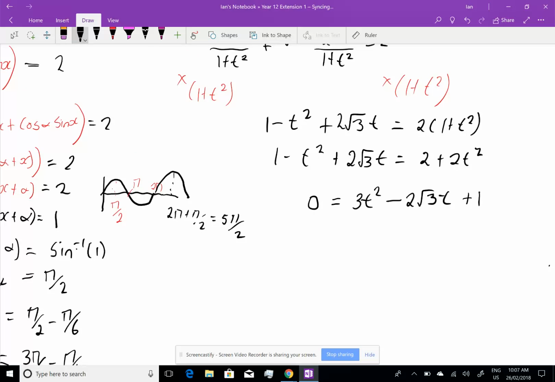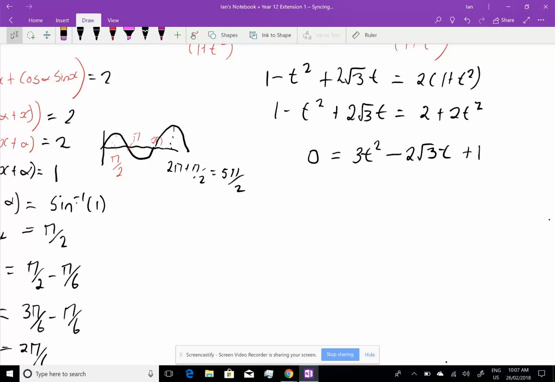So I look at this and I go, oh, this is pretty ugly. I'm going to have to use the quadratic formula. So t equals minus b, so minus minus 2 root 3, plus or minus the square root of b squared. Well, 2 squared is 4 and root 3 squared is 3, and 4 times 3 is 12. I'd probably write that out, but it's up to you.